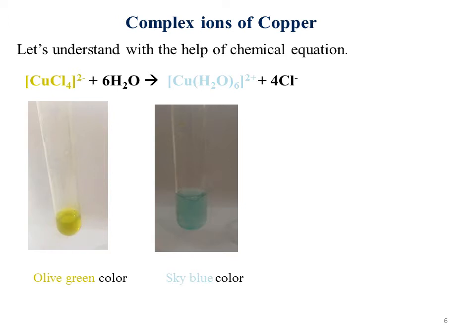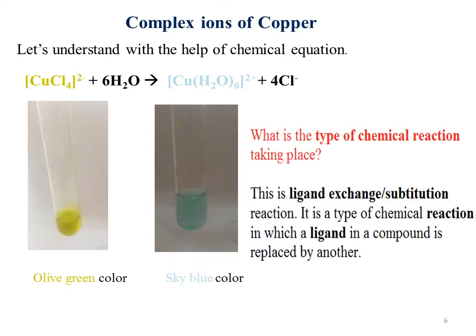This is a type of reaction known as ligand exchange or substitution reaction. The 4 chloride ligands were exchanged with 6 water molecules acting as ligands here. It is a type of chemical reaction in which a ligand in a compound is replaced by another.